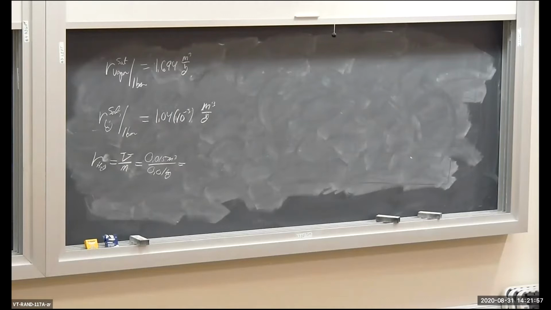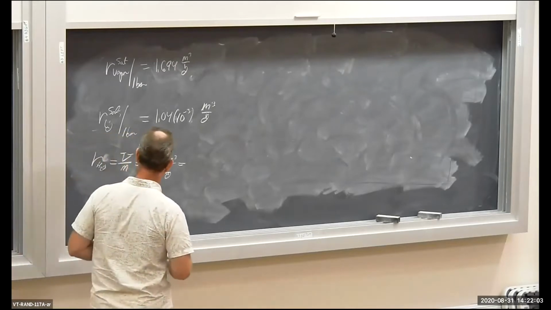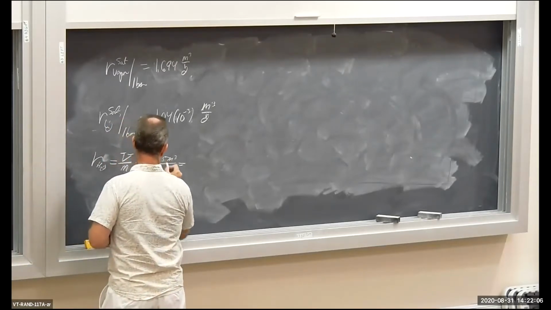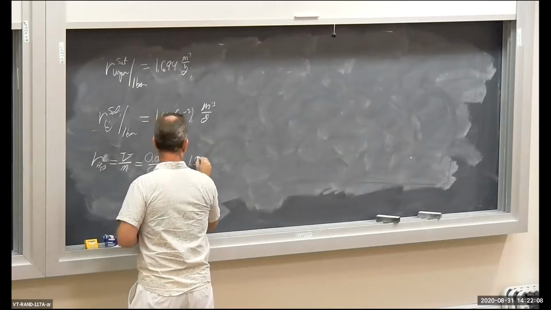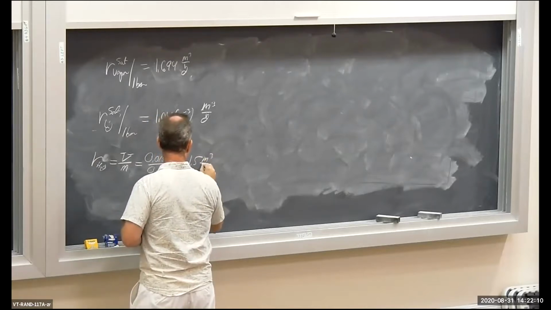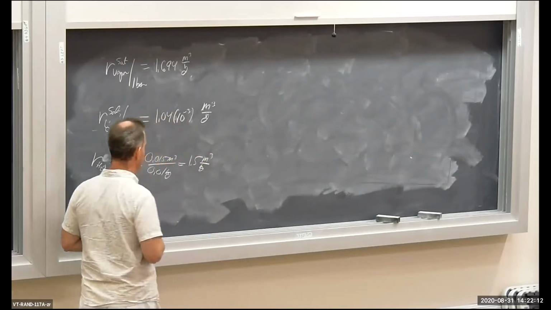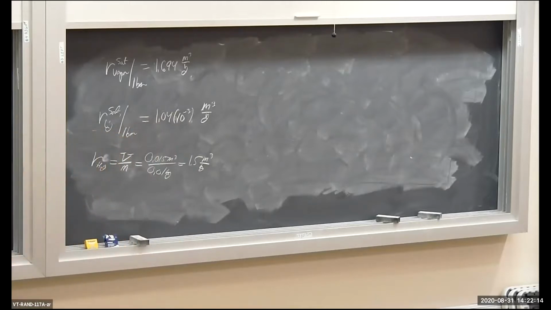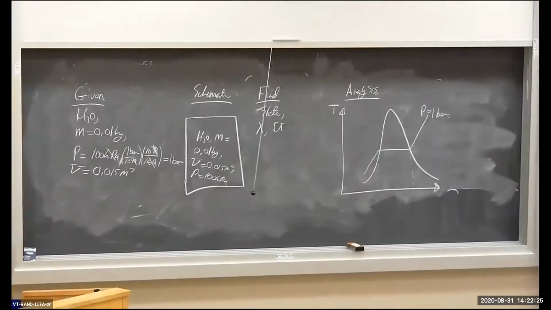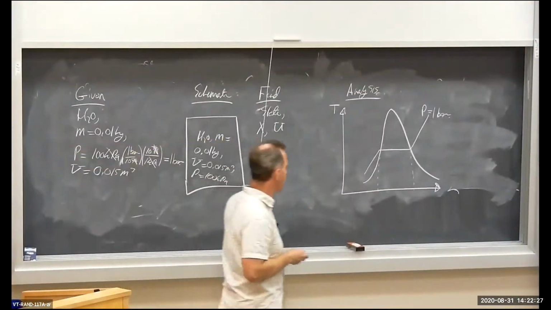So let me crank this out. Well, I guess I just moved the decimal place over twice. 1, 2. 1.5 cubic meters per kilogram. Okay? All right, let's take what we know and put it in our Tv diagram.